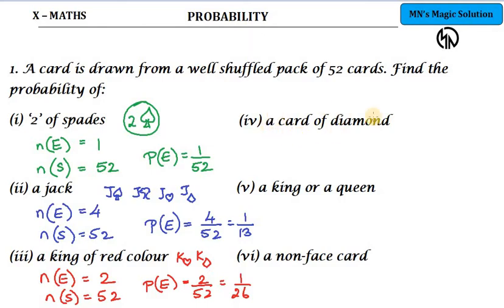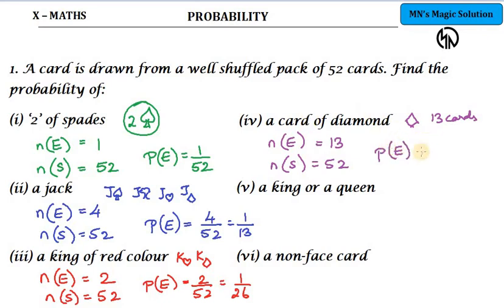Fourth question, a card of diamond. How many diamond cards are present? There are totally 13 cards present. So the number of favorable outcomes is 13 cards out of the sample space of 52 cards. Therefore, the probability of getting a card of diamond is 13 out of 52, which is equal to 1 by 4.